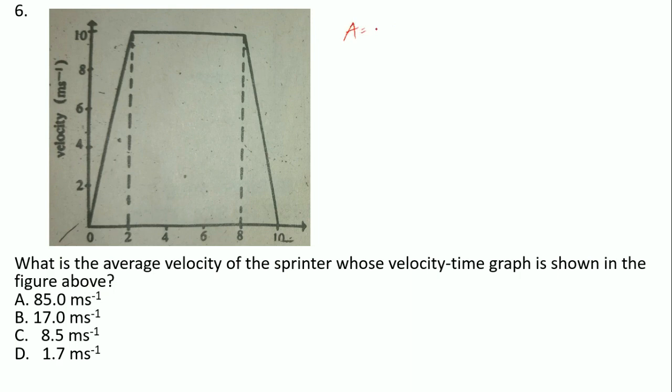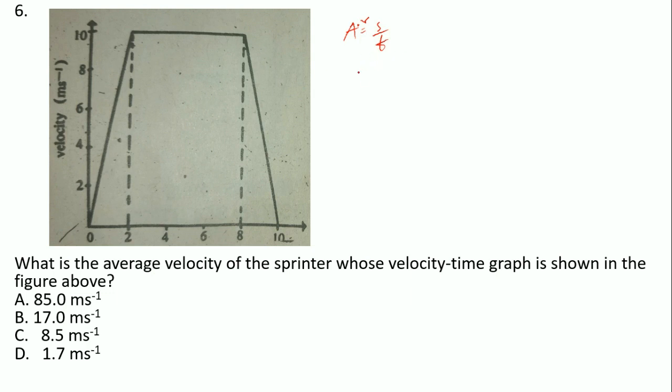Average velocity is displacement per unit time. I think I've been saying change in displacement, but technically it's change in position per unit time, so you can just say displacement per unit time. Sorry about that. You can just think of it as change in position per unit time.